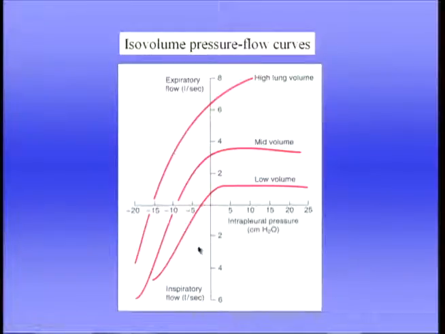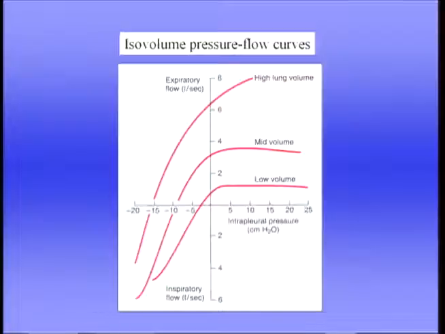So let's look first of all at this part of the slide here. This is for inspiration down here. And we can see that the harder you inspire, the lower the intrapleural pressure, the higher the flow rate. Here's flow along here, intrapleural pressure along here. If you reduce your inspiratory pressure to minus 15 centimeters of water, for example, the higher the inspiratory flow rate.